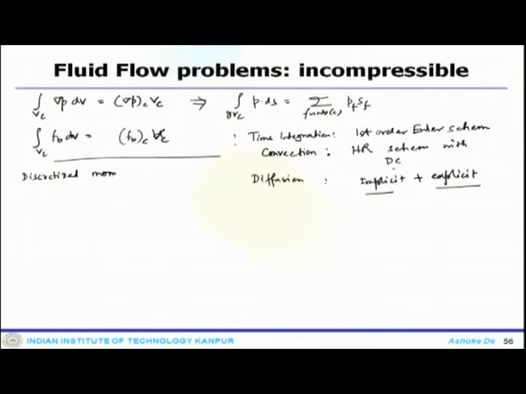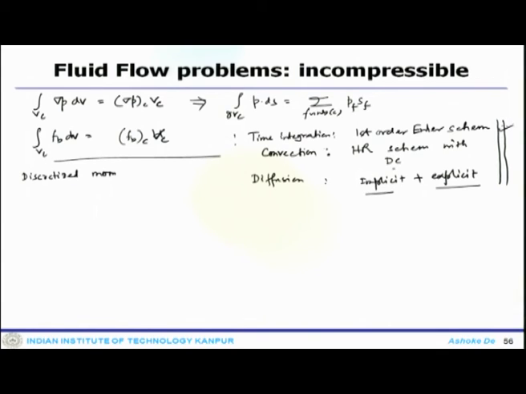By the way, one has to note that all these discretization processes we have done separately, and that is why I have been telling you that when we come down to the fluid flow problem, individual component integrations and discretizations are taken care of.